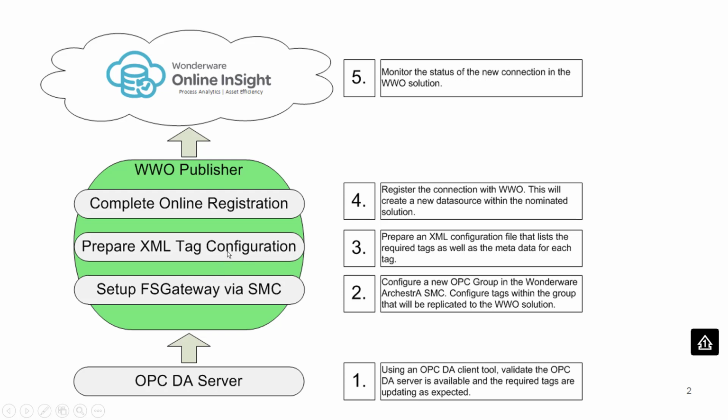We then pushed that XML config into the publisher, which led us onto the online registration, where we set up a data source name and the solution name, and gave that some credentials, and that was set up. Then we just validated that the values were appearing inside our solution in the Wonderware Online Insight portal. Okay, so that's a brief description of what it takes to set up the online publisher. Thanks for watching.